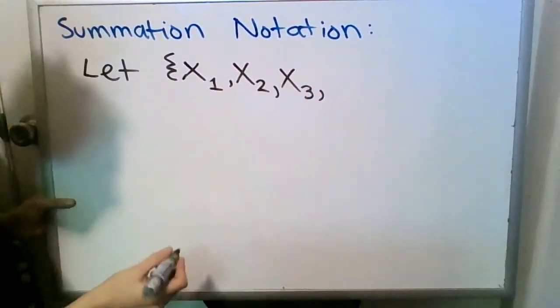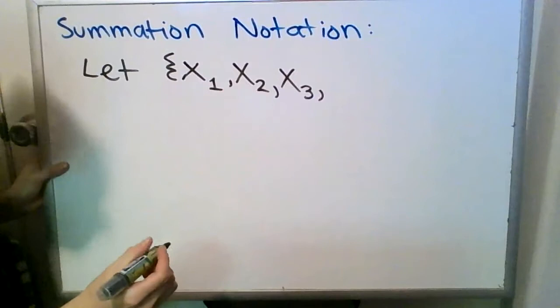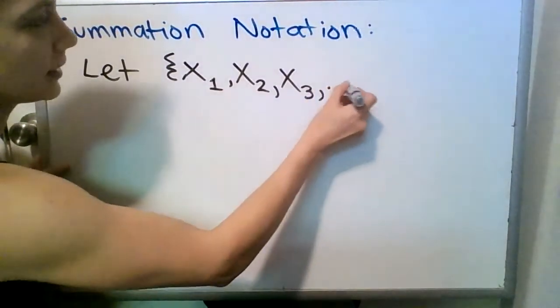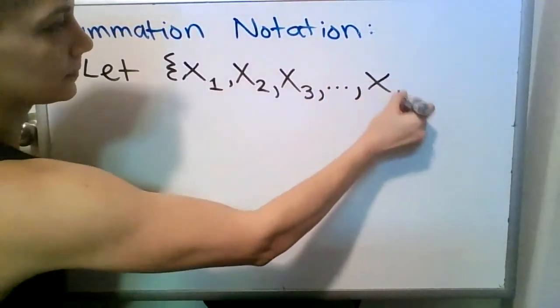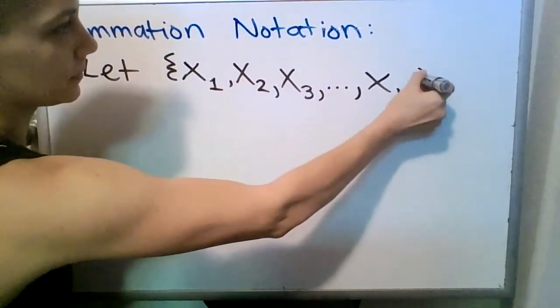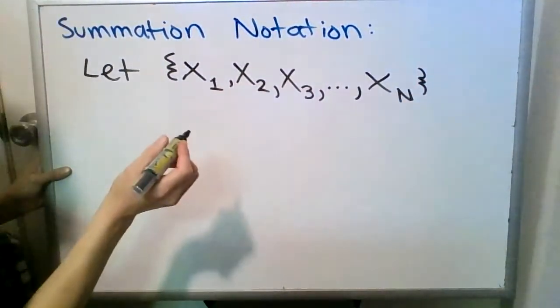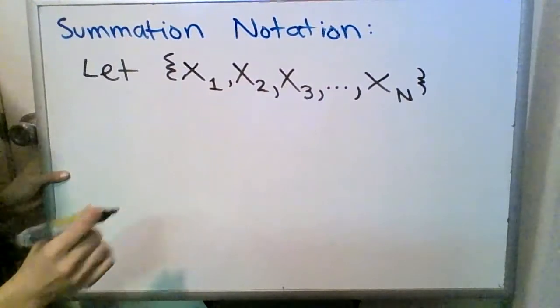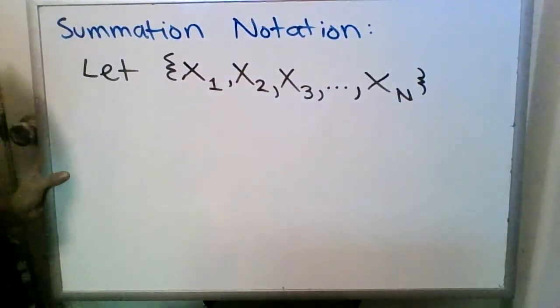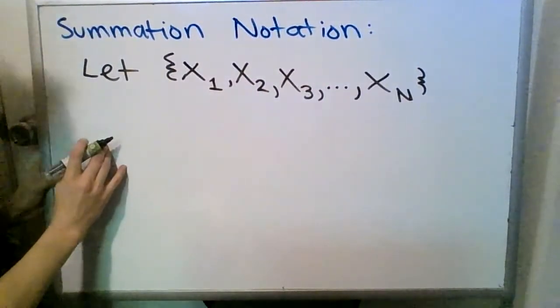It would go x4, x5, all the way to the end where you get to x sub capital N. And this is a set of n numbers.